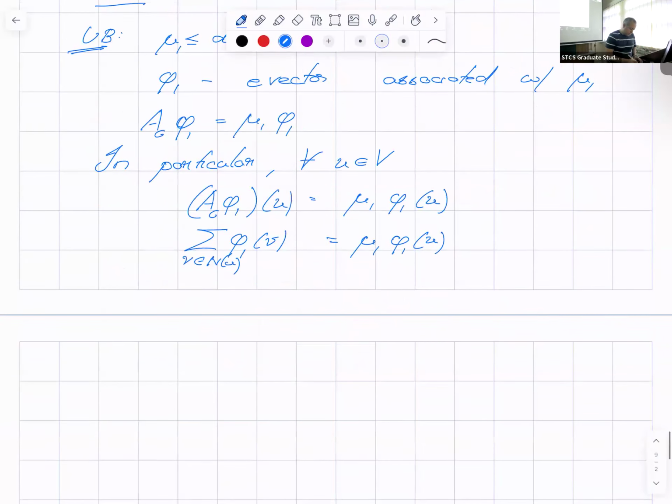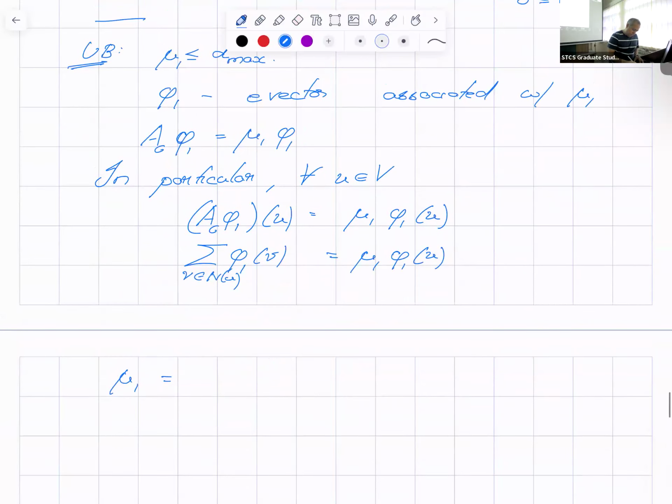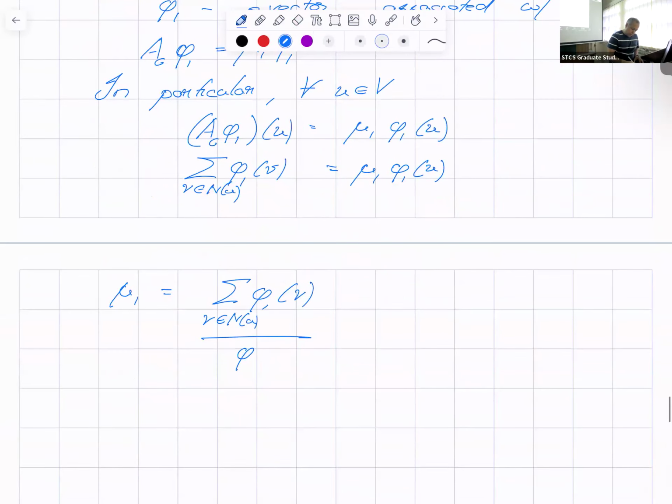So I want to say that mu1 is in fact equal to the summation of phi1 of v divided by phi1 of u. And this is true for every u in V.